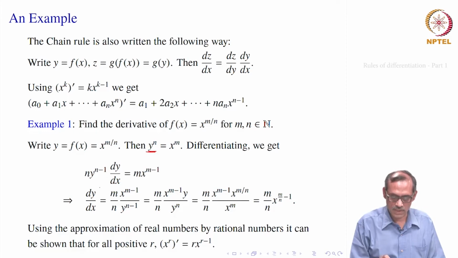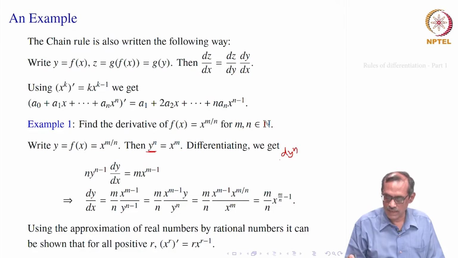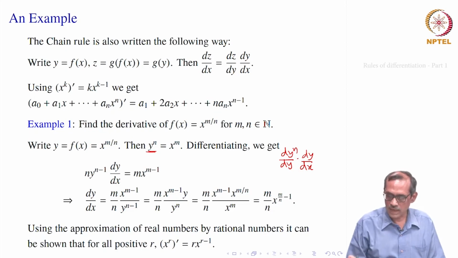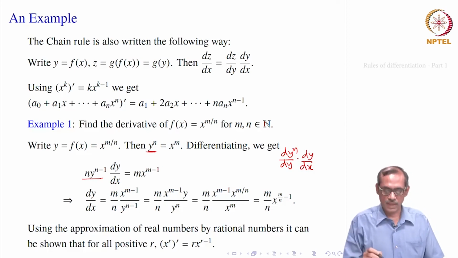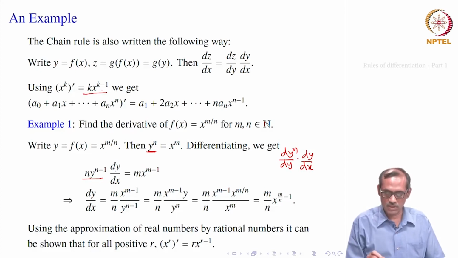So, its differentiation will be d of y to the power n by dy into dy by dx. So, that gives on the left side n y to the power n minus 1, dy by dx remains. And on the right side we apply this formula. So, that gives m into x to the power m minus 1.